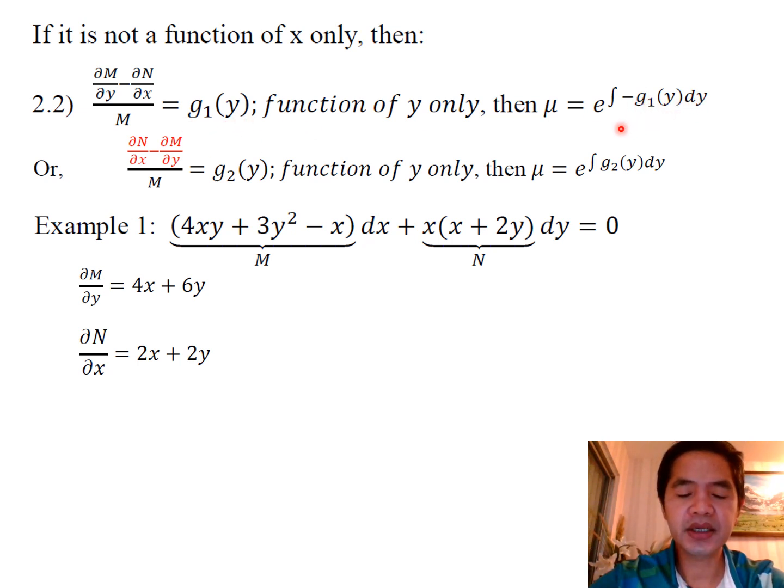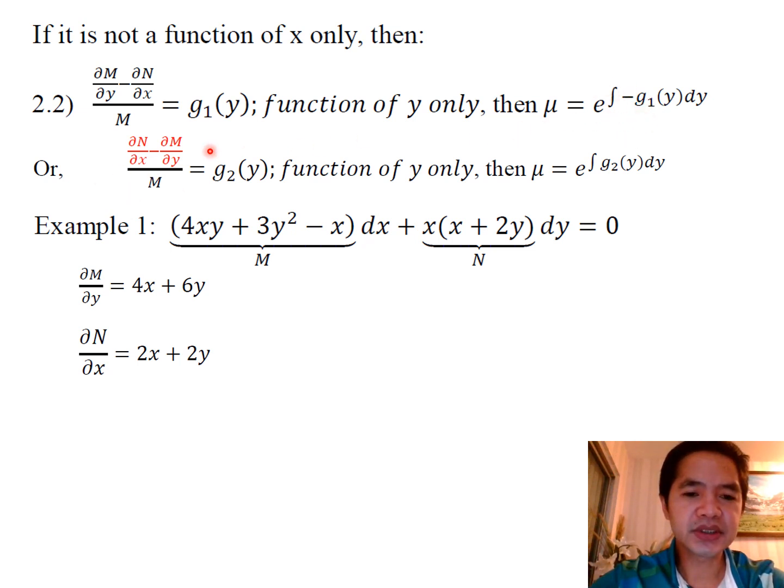When you get a function of y only, the same thing applies: it can be a constant, for example 1, 2, 3, or a function of y, for example y, y squared, 3y, 4y. And don't forget to have the minus sign here.